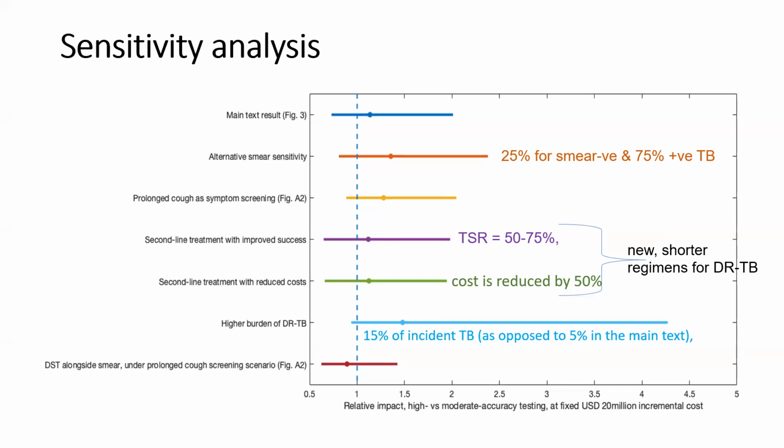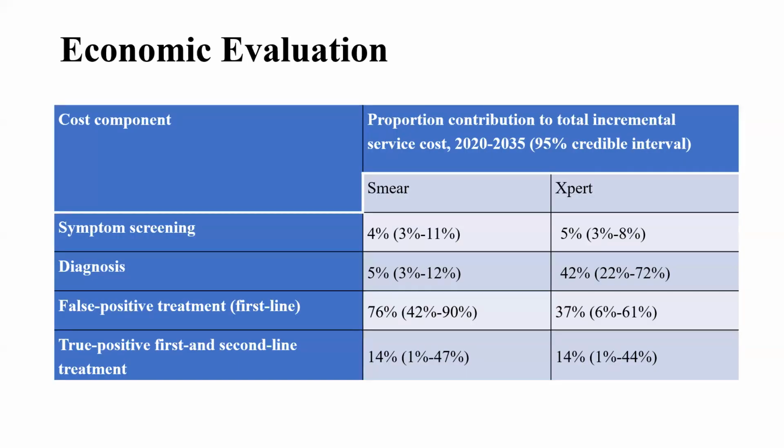After the sensitivity analysis, they carried on with the economic evaluation. This analysis tracked the cost associated with treating false positive TB diagnoses, driven by the imperfect specificity of screening and diagnostic tools and the lower prevalence of TB among symptomatic individuals.